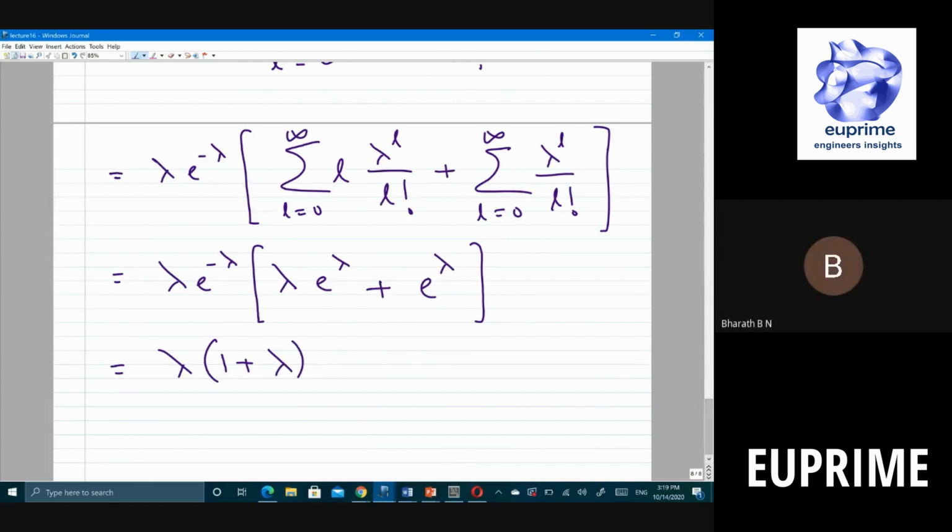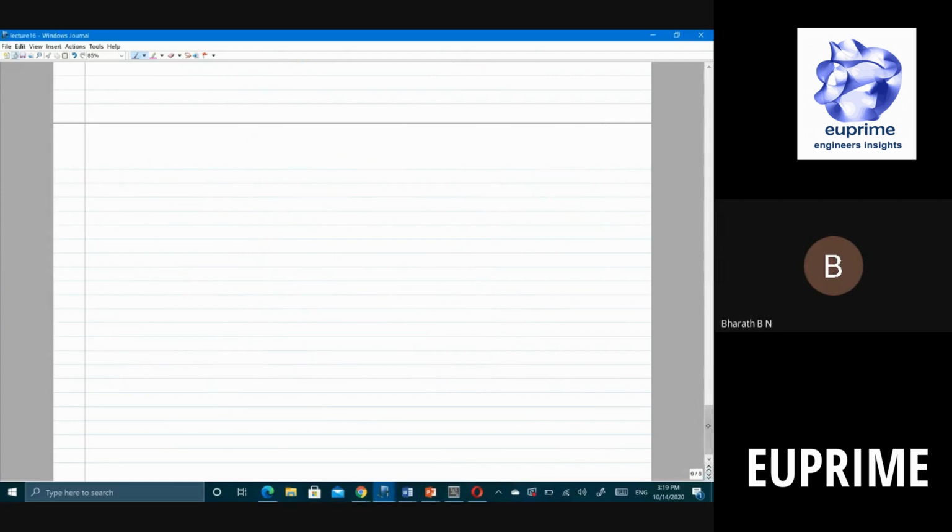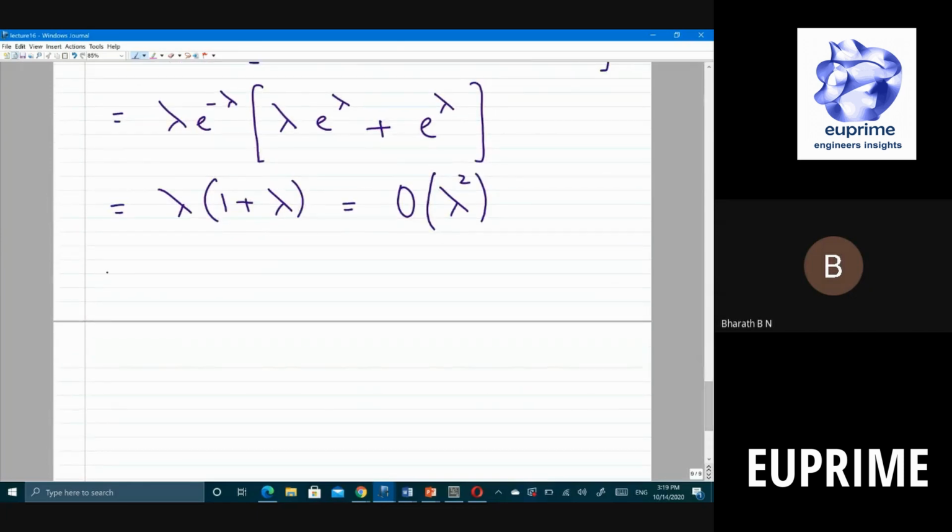Yes, sir. So now this is the second moment of a Poisson arrival. It is of the order of lambda squared, depending on the square of the arrival rate, which makes sense. Now, what can you say about the variance of x? Do you agree that the variance can be written as the expected value of x squared minus the expected value of x whole squared?